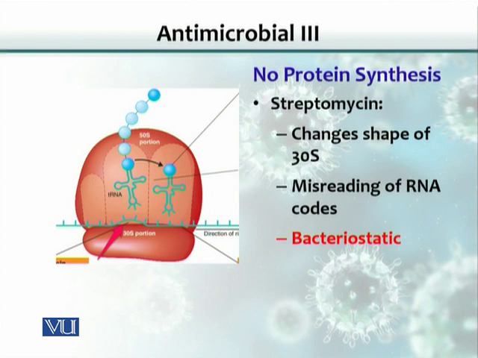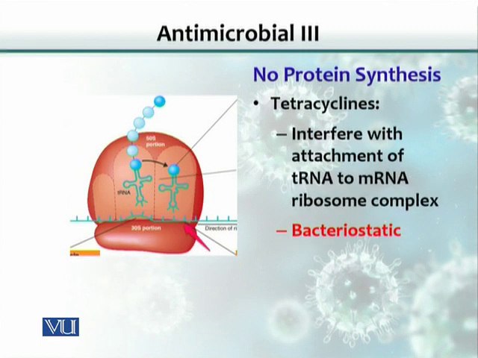That's how the bacteriostatic effect is seen. Tetracycline, on the other hand, also inhibits protein synthesis, but it interferes with the attachment of the transfer RNA to the messenger RNA. So this is another way an antibiotic targets protein synthesis.